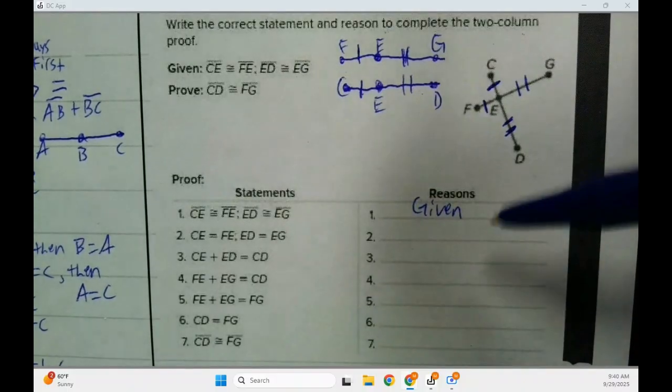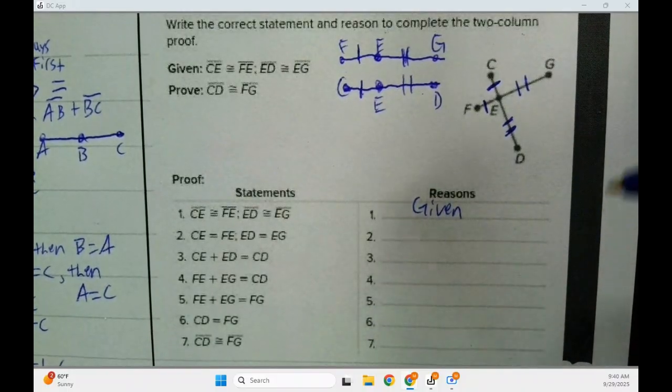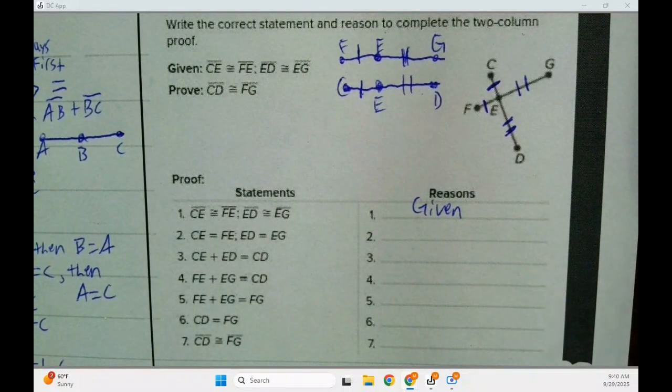Okay. Number two, it says that instead of them being congruent, their measurements are equal. What happened there between 1 and 2? Yeah, what's going on?